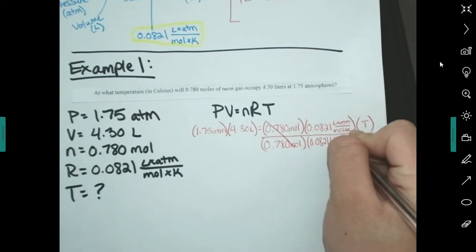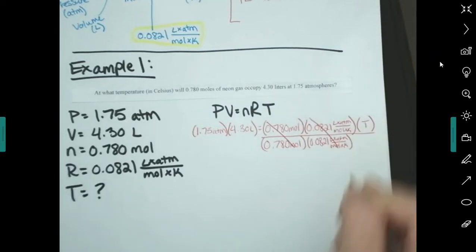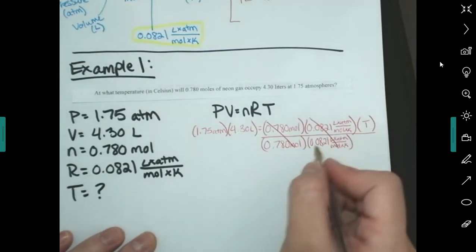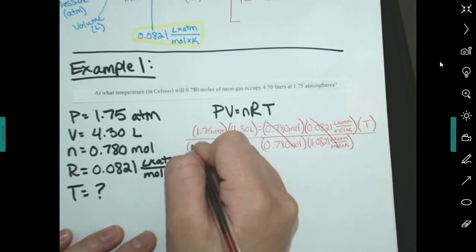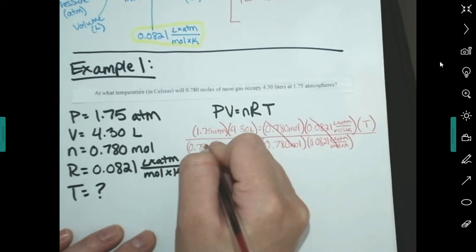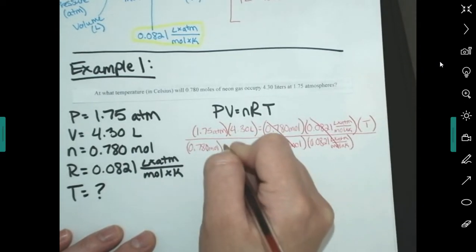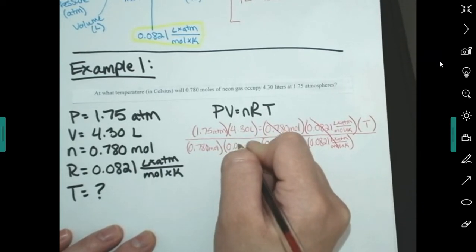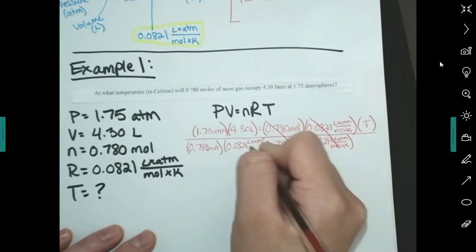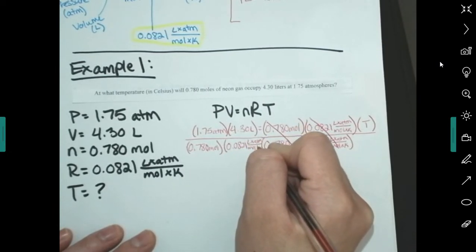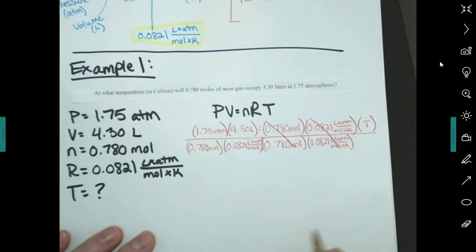I'm going to write it tiny, but it's there. Same thing to the other side. Whatever you do to one side, you have to do the other. Because we divided by these things on this side, we need to divide by these things on this side as well: liters times atmospheres over moles times Kelvin. It's kind of smashed, but there it is.